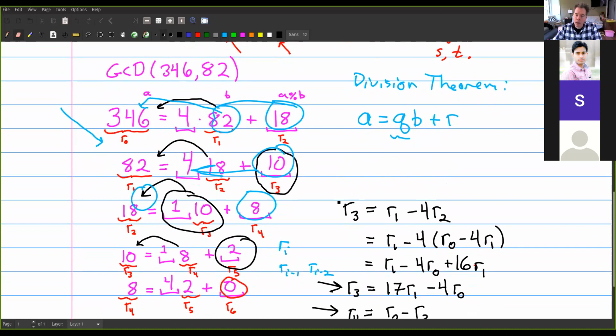So what I'm dancing around here is that the division theorem is also true of polynomials, because you can do polynomial long division. So it's true both for integers and for polynomials.